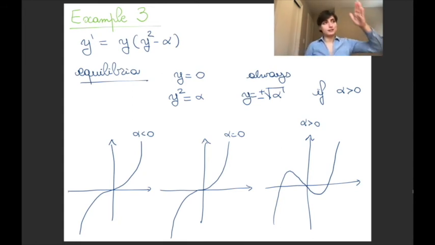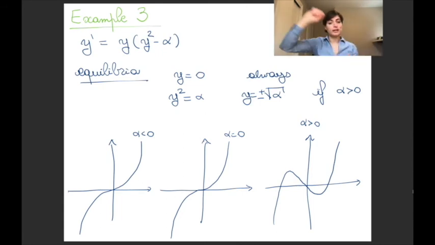For alpha negative, it's a swing, it's a third order polynomial in which alpha is somehow pushing you even faster. So you have this S that touches the horizontal axis in only one point. At alpha equal to 0, you have a very similar S. The only tiny difference is that at y equal to 0, you're flat.